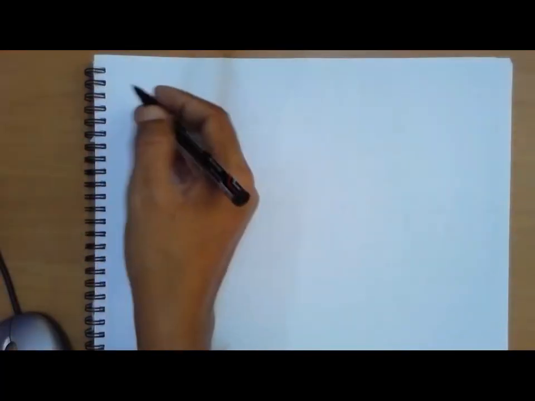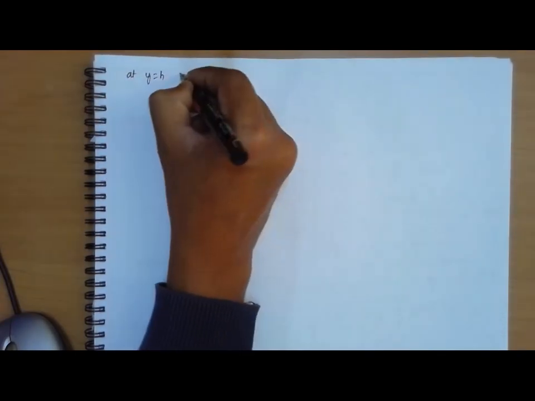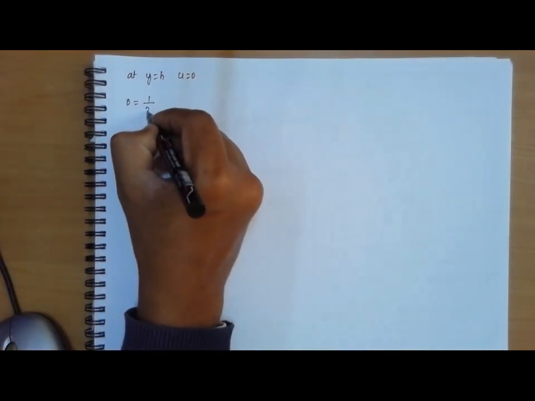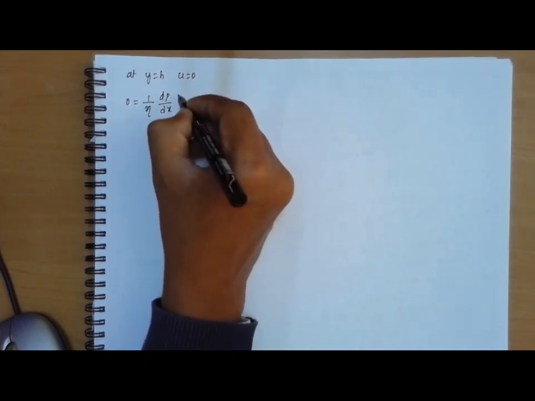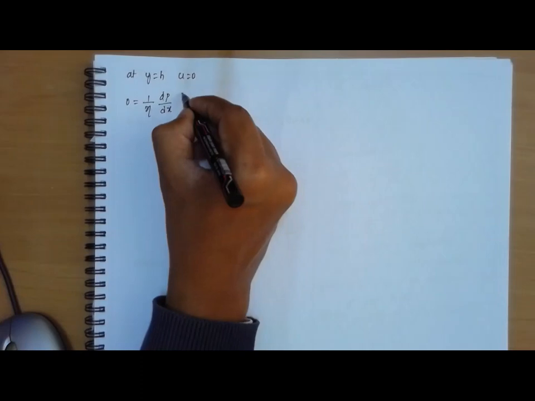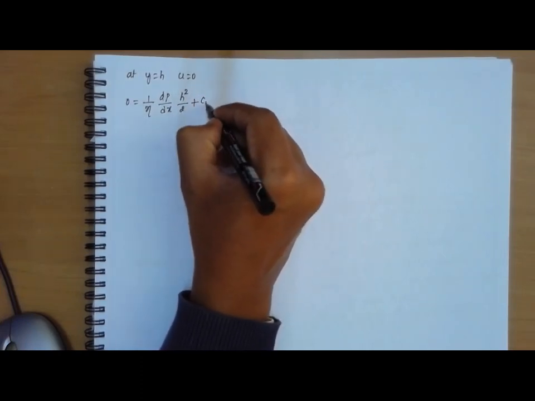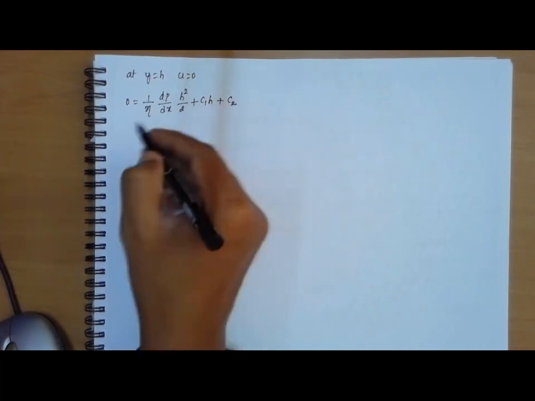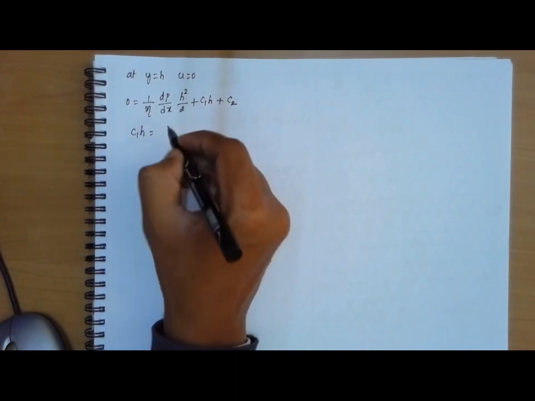Now we shall apply the second boundary condition, that is at y is equal to h, the value of u will become equal to 0. Again our equation 2 will imply 0 is equal to 1 over eta dp by dx, and y square by 2, instead of y, will become h square by 2, plus c1 into y, which becomes c1 into h, plus c2. Since we need to find c1, I'll take c1 into h and transfer the remaining to the other side.